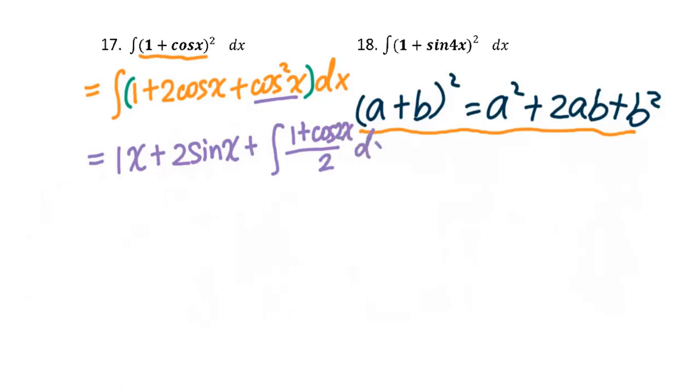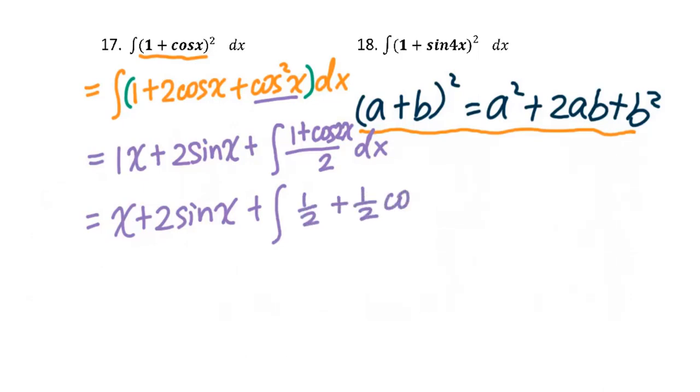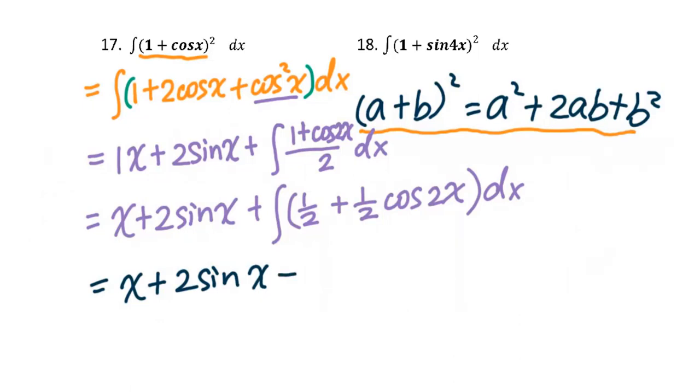Then you do dx equals x plus 2 sine x plus separate, you will get 1 over 2 plus 1 over 2 cosine 2x, then dx equals x plus 2 sine x plus 1 over 2x plus 1/2 sine 2x.